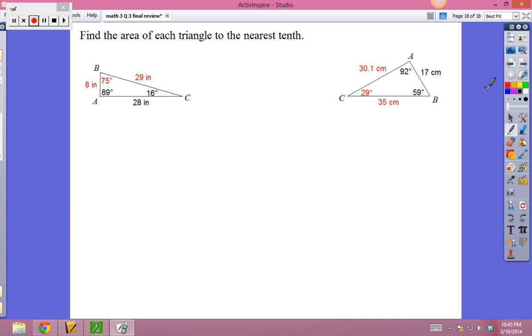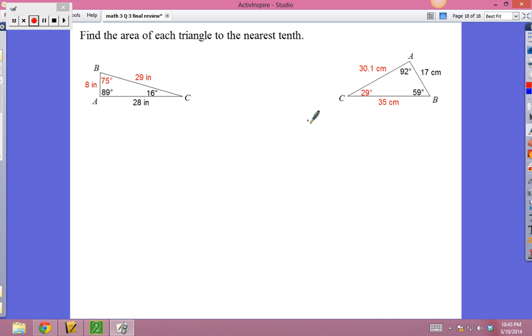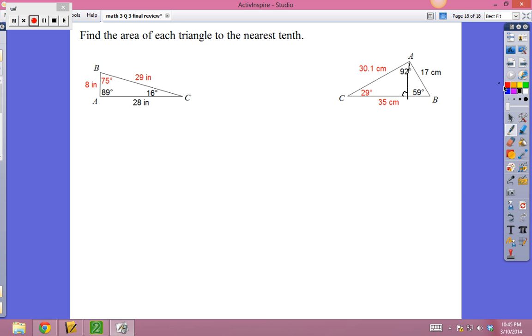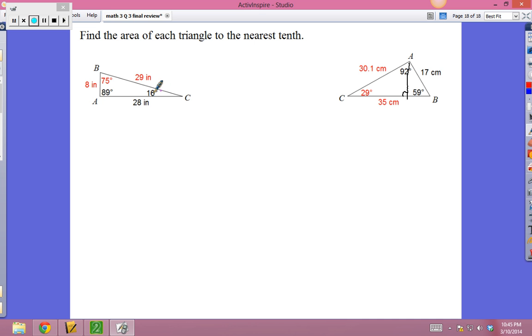Okay, last one. Let's find the area of each triangle to the nearest tenth. So area is going to be base times height divided by 2. But the only way you can find height is if you have a perpendicular. And this is going to be a pain in the butt, but hopefully you remember the formula we came up with. So you're going to choose an angle. If I choose this 16, then I must choose 2 sides that go with it, my adjacent sides.